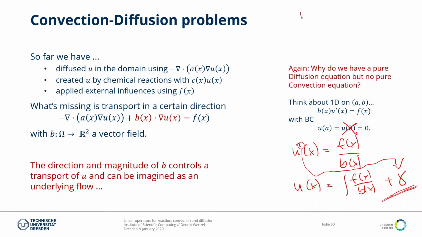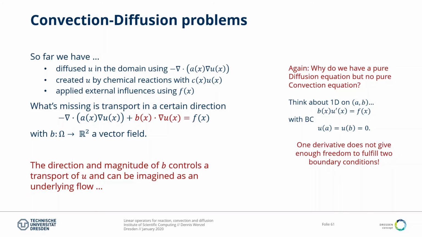On the other hand, if you have something like u double prime equals f, then u prime is the integral over f plus gamma, and then u would be the integral of f plus gamma plus some, I don't know, delta. Right? So with every derivative, you get an additional degree of freedom, and that's important here. So also a convection equation cannot fulfill boundary conditions everywhere. And that's an important observation. We need this in a few minutes.